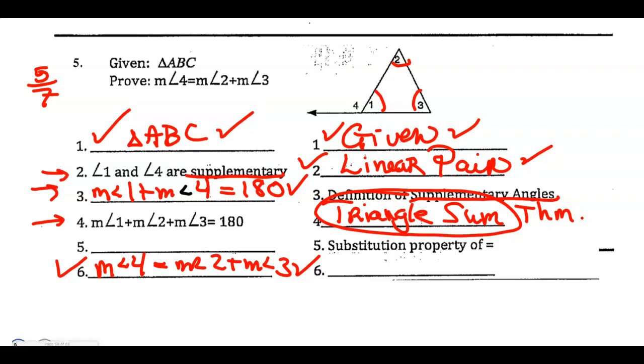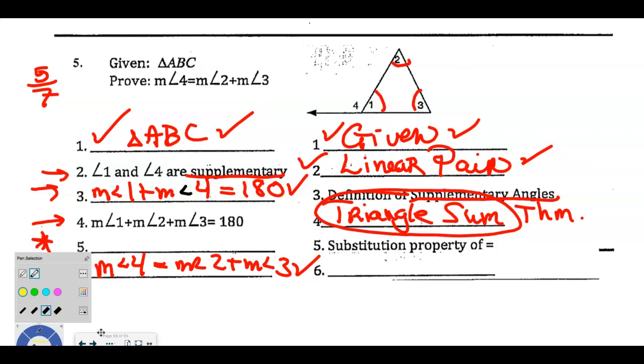Now, this is the trickiest one. We've got to figure out what we're going to substitute. Okay, and I'm going to show you. I'm going to get out my highlighter and go yellow on you so you can see it, because this step's really tricky. That's why I'm doing them with you so you can see it.